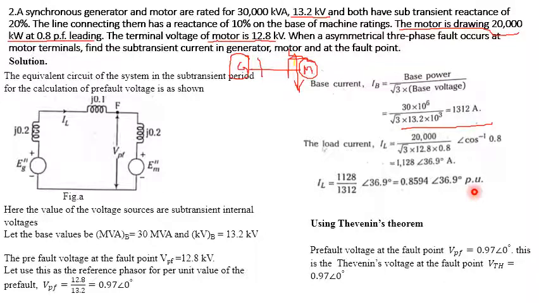This is nothing but VPF. We consider it as VThevenin because in Thevenin's theorem we have a voltage source and the impedance of the network. That is nothing but VPF, which we already got: 12.8 divided by 13.2 gives 0.97. So this is going to become VThevenin.